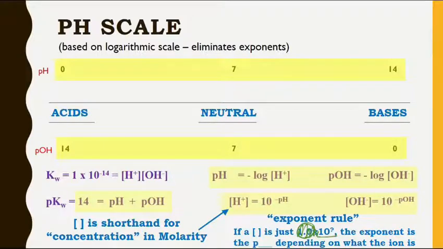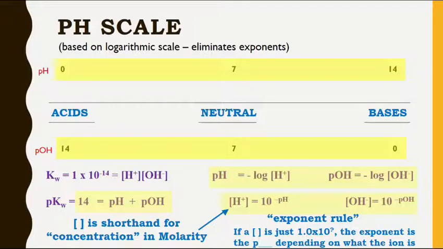So what we end up looking at is 10 raised to a power, and that is generally a negative number. And so basically whatever that number is going to be our pH because of this equation. So we're going to get used to looking for our pH up there in some of these simple problems, and so that can kind of help us remember that that's all I need to do. 10 to the negative pH will get me my H plus concentration. And of course, in the same way, if I do 10 to the negative pOH, that will get me my OH concentration.